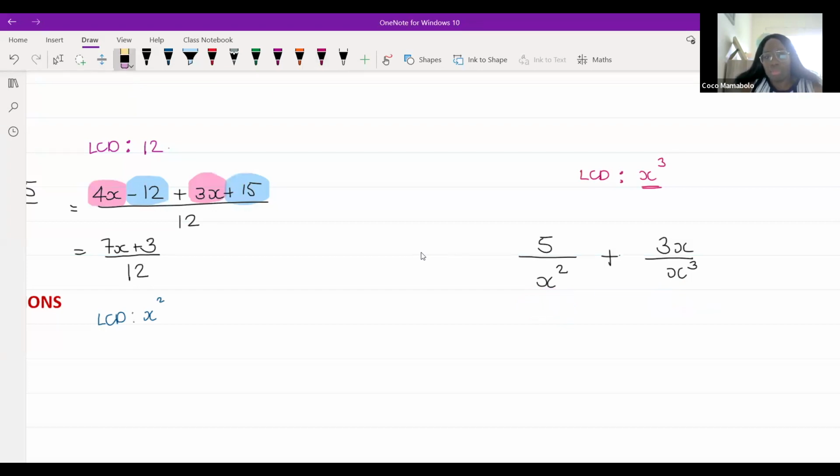Yes, ma'am. Okay, excellent. Let's do the next step. Now I'm going to write them both over x cubed. Let's start with this part. What's missing from this denominator? How did we get from x squared to x cubed? What did we multiply by?